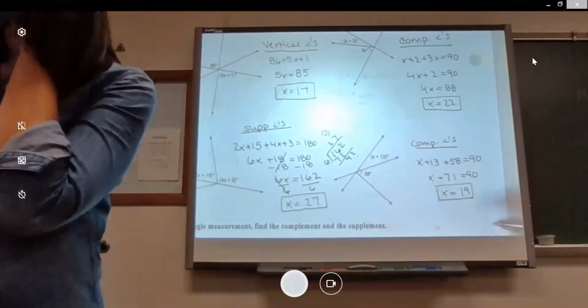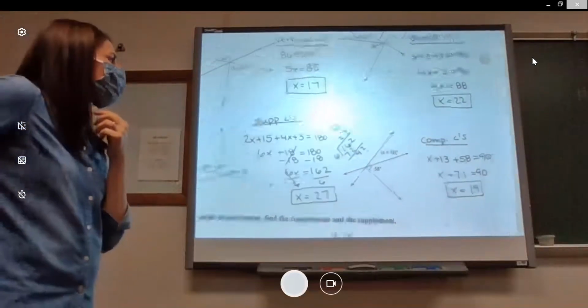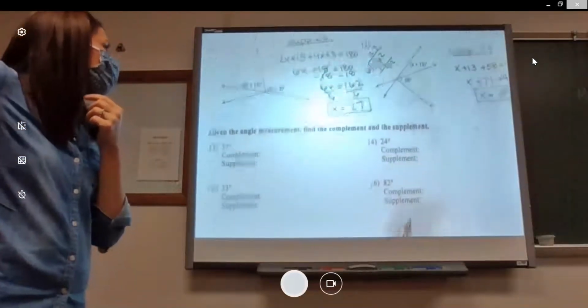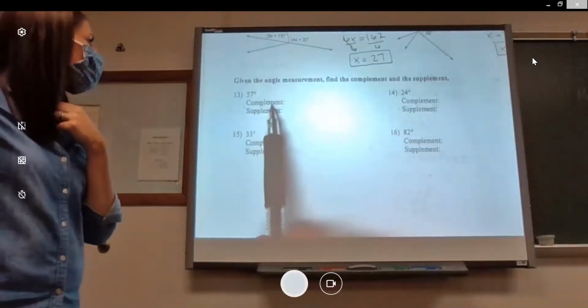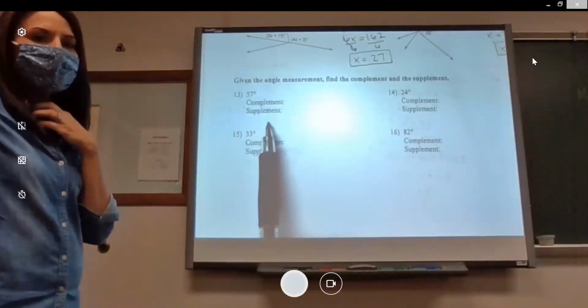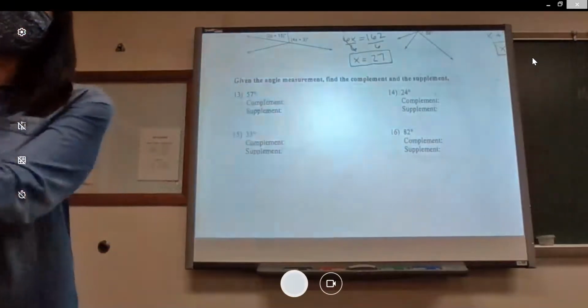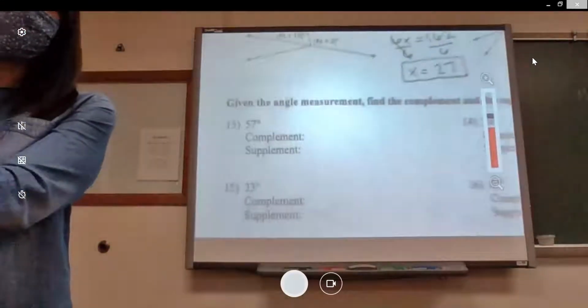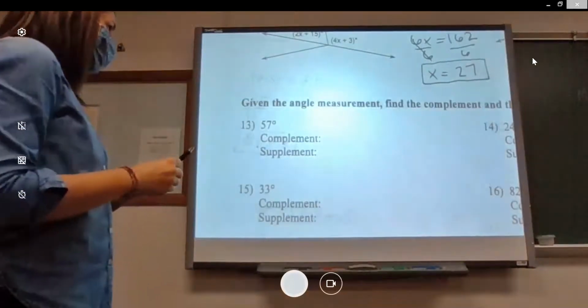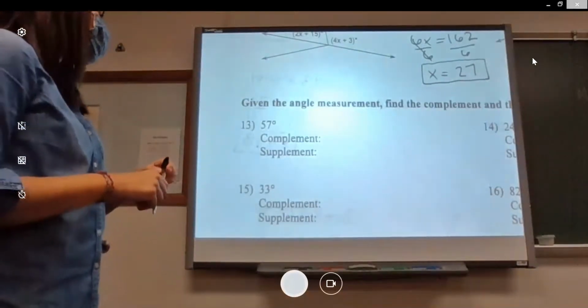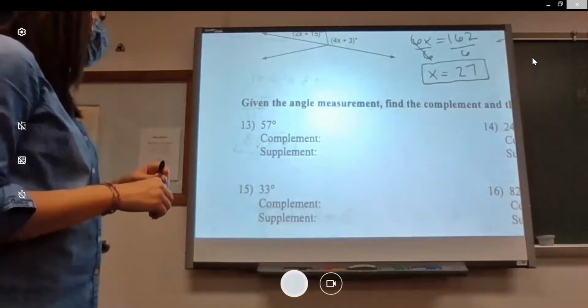Okay, our last little section here is different. It gives me an angle, and I'm going to find the measure of the complement and the measure of the supplement. So if my original angle is 57, then what would the complement to that angle be? 23.